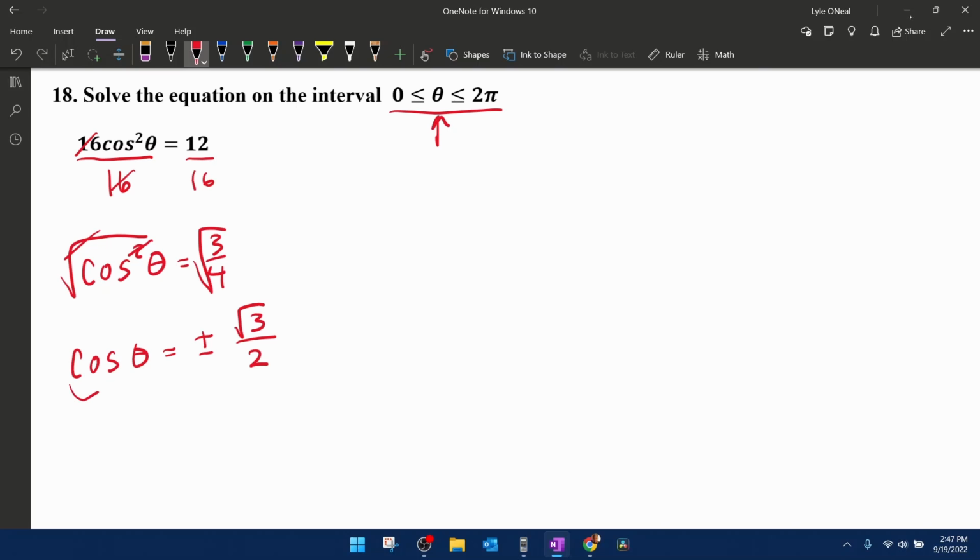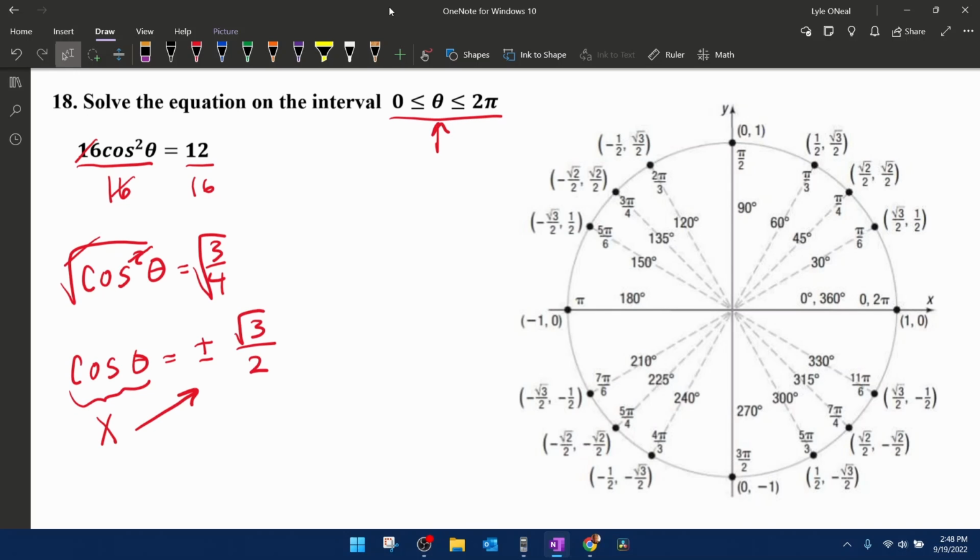Now, I need all of the angles in the unit circle, from 0 to 2 pi, all of the angles that have an x coordinate of positive or negative square root of 3 over 2. All right, so in the unit circle, x coordinate, square root of 3 over 2 or negative square root of 3 over 2. Looks like there's 4 of those.